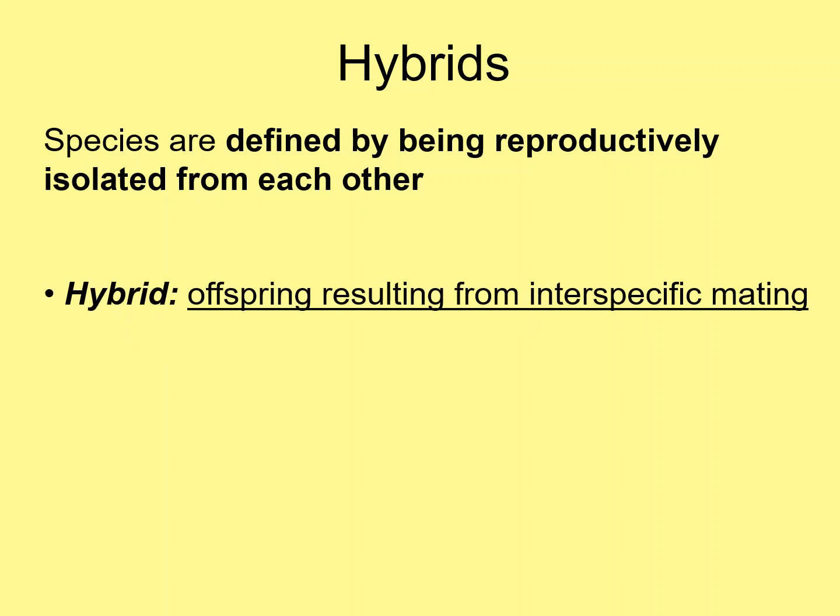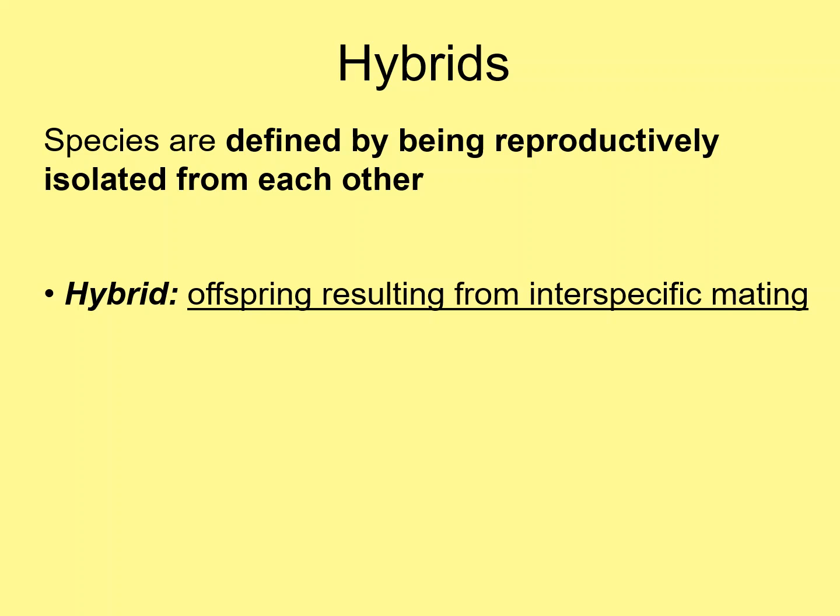So if a species is reproductively isolated, this means that it cannot mate with another species and form viable, meaning that they live, and fertile, meaning that they can reproduce, offspring.